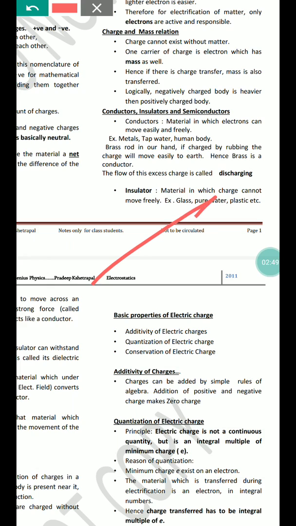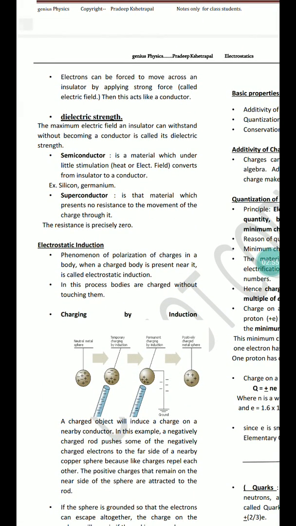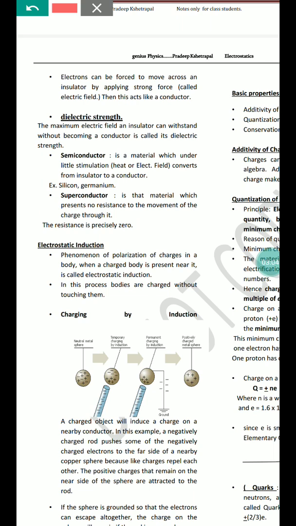And the third type is dielectrics. Dielectrics are also insulators, but they can spread the charge over their whole body. Suppose we have this rod.